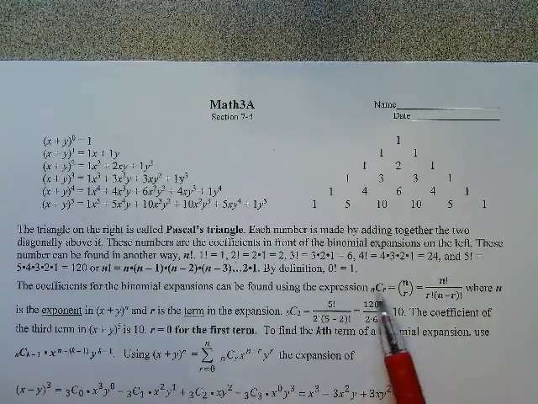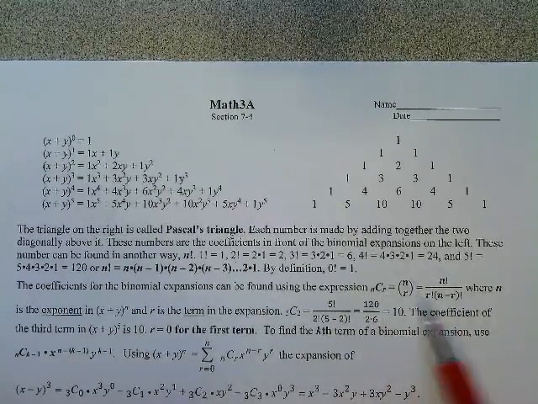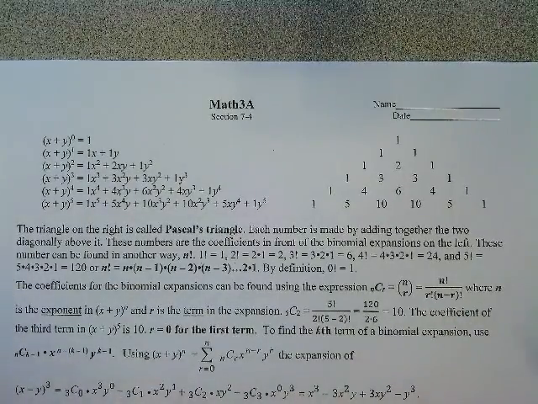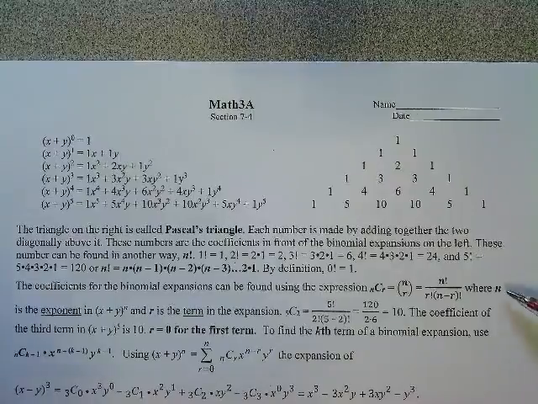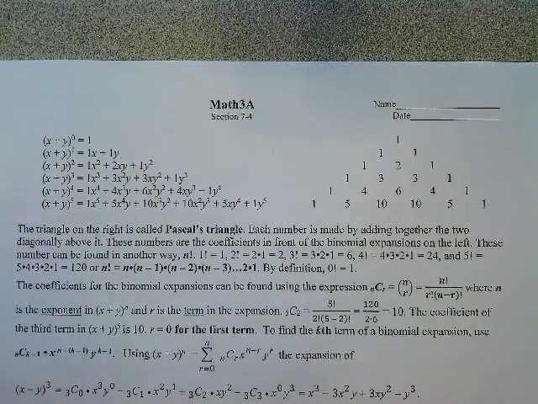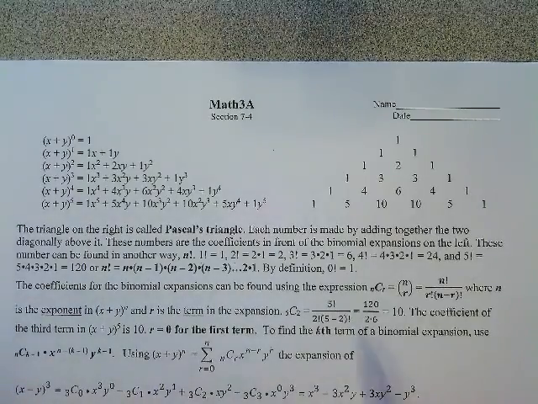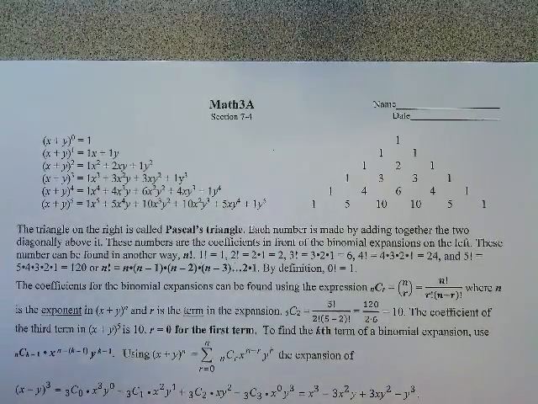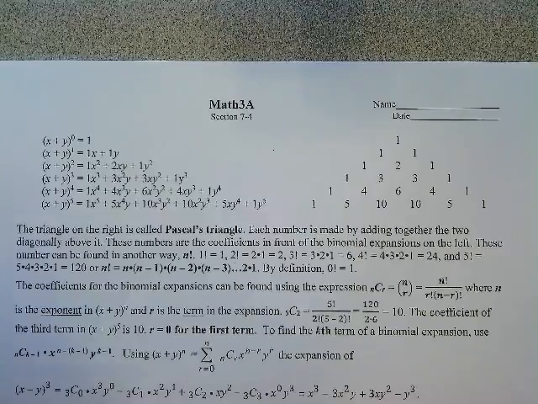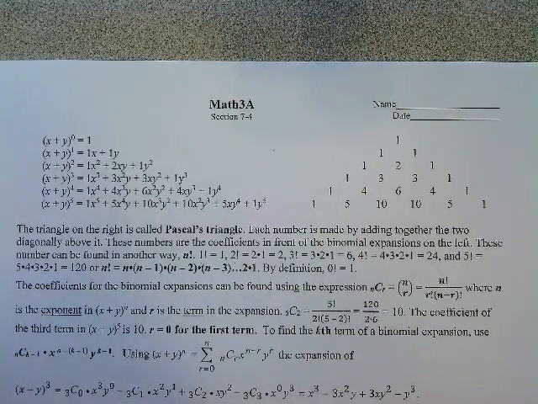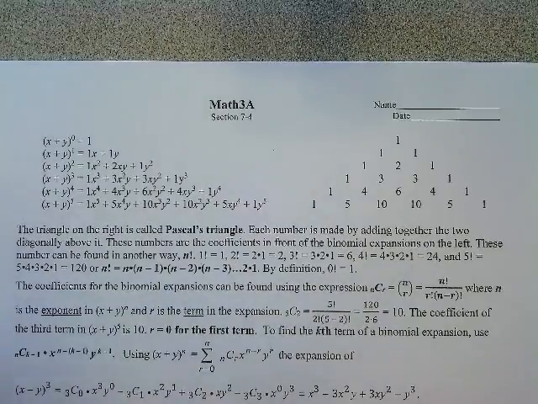And so this n and this r, as you see there, match up with those ones. In these particular problems, n represents the exponent in the expansion, and then the r represents the term in the expansion. However, r starts at 0 for the first term.